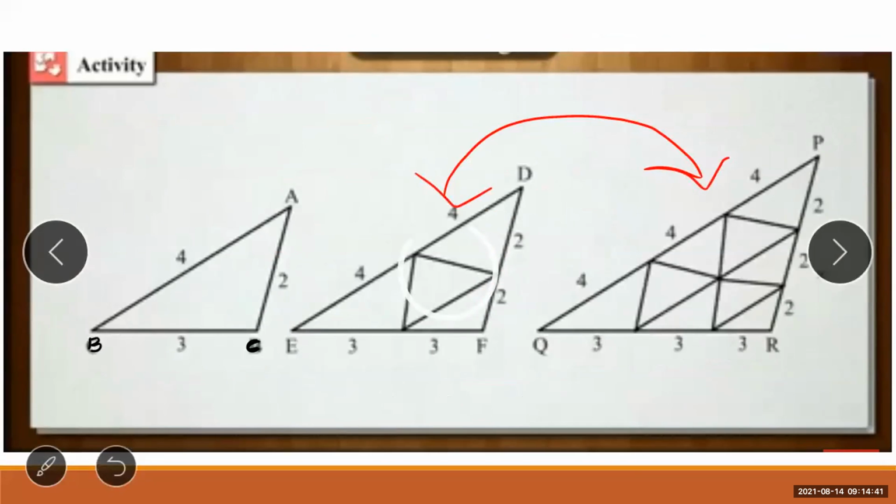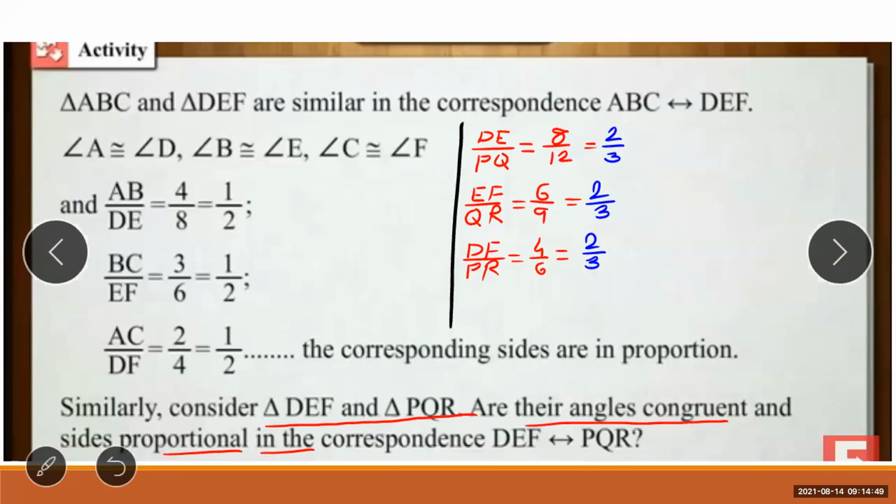For those two triangles, are their angles congruent and sides proportional? We can say that their angles are similar to each other. Those two triangles are also similar to each other. And check whether the sides are in proportion or not.